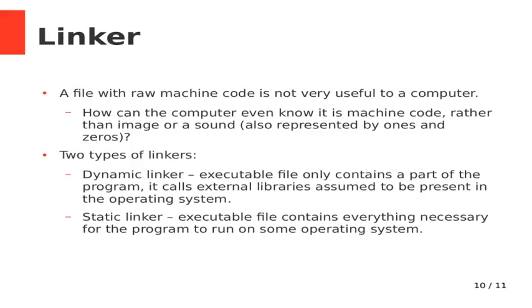And there are essentially two very different types of linkers. That is a dynamic linker. That one is usually a part of the operating system, and it's not connected to the compiler. And when using a dynamic linker, the executable file only contains a part of the program, one that is specific to that application, the core of the program, the algorithm.